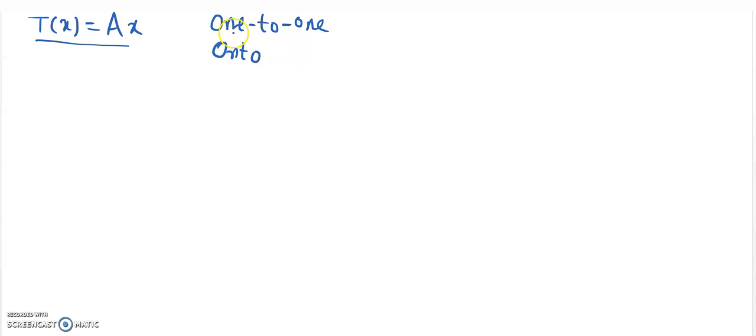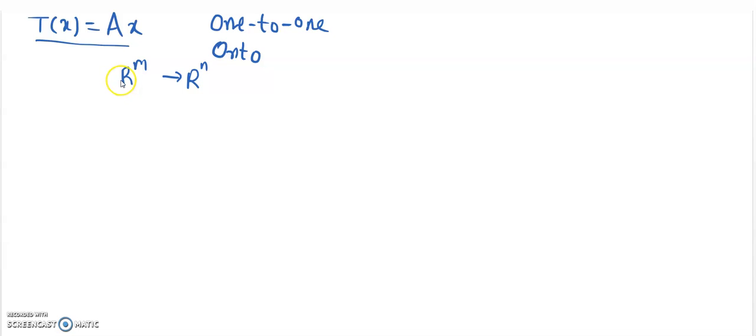A transformation will be 1-to-1 if for every vector there is at most one vector in Rn. That means if we transform from Rm to Rn, then for every vector in Rn there will be at most one vector in Rm.